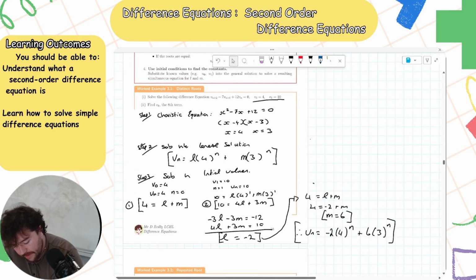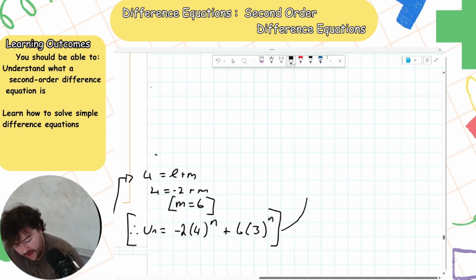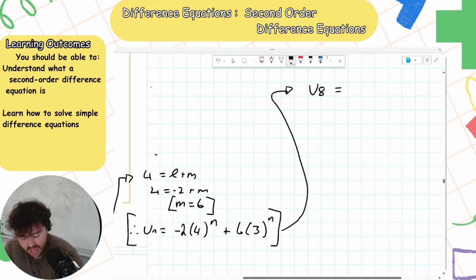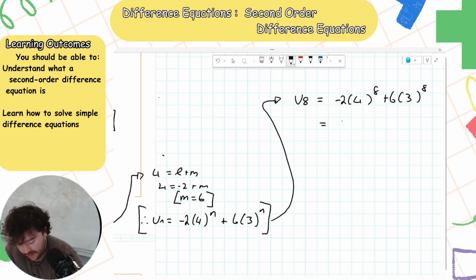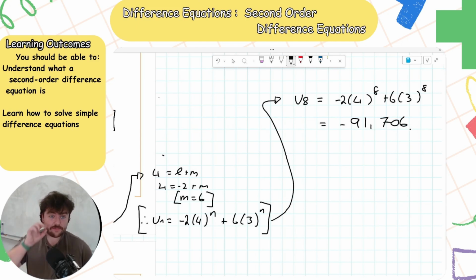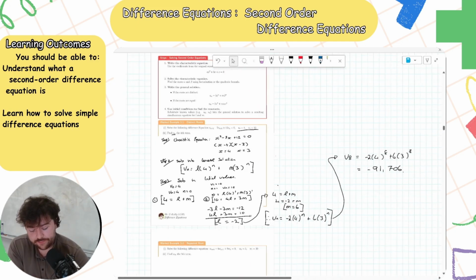Now, the second part is find V8, the 8th term. So to find V8, I just sub in n is equal to 8. So it'll be minus 2 times 4 to the 8 plus 6 times 3 to the 8. And if you put them in the calculator, you should get minus 91,706. That is the 8th term.